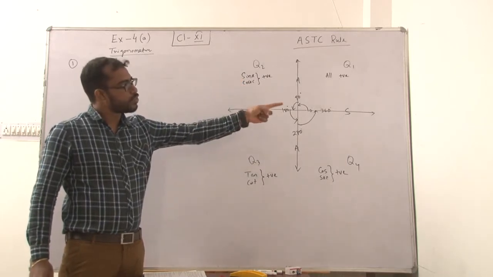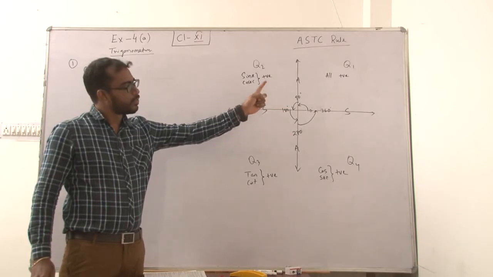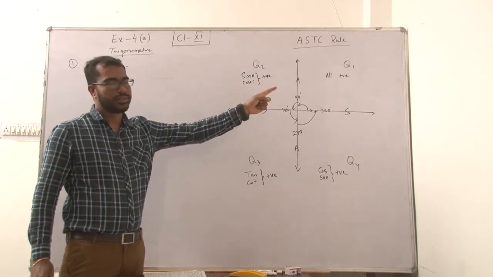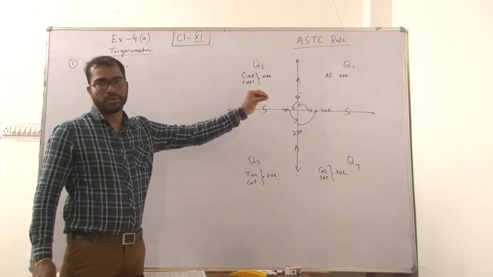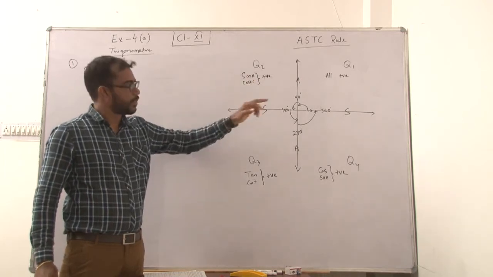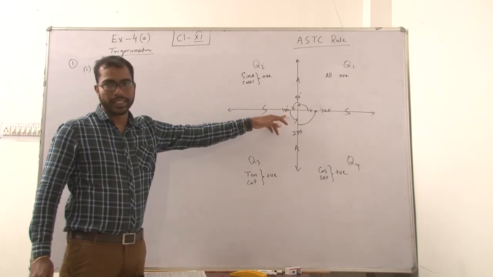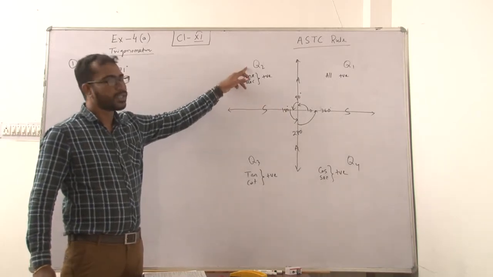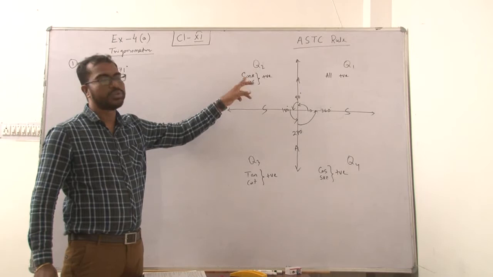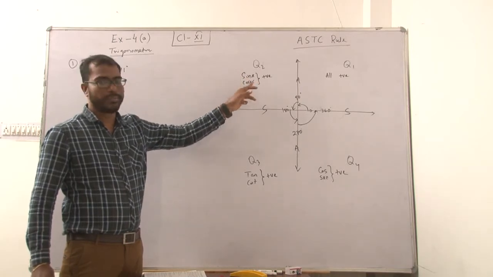Okay, that means 0 to 90 degrees lies in the first quadrant, and in this quadrant all are positive. 90 to 180 degrees lies in Q2, and in Q2 sine and cosec are positive.